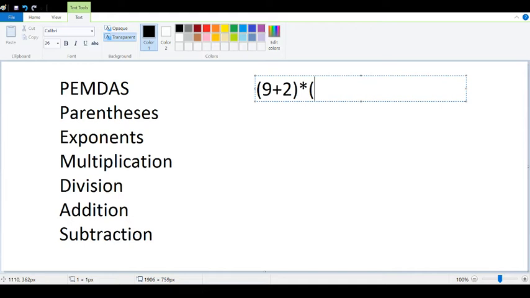Times 3 plus 2. Alright, we'll use the caret because I can't do superscript right now. Minus 5 plus 2. And let's do this.